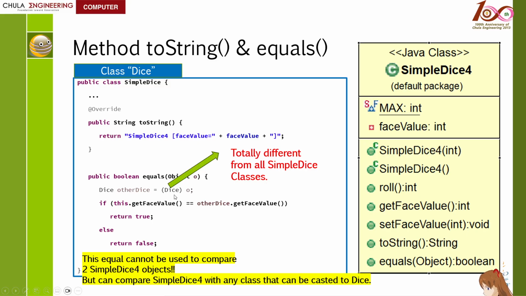But anyway, there's the example where you cast to Dice right away and then compare the face value of the dice with this object. I think this is not a good example, but it just shows that equals can be written in any way that you want.